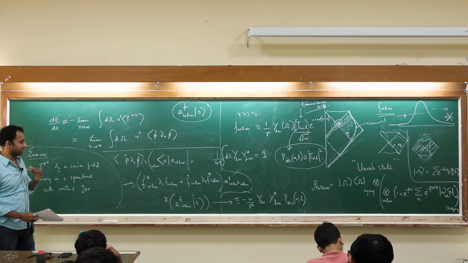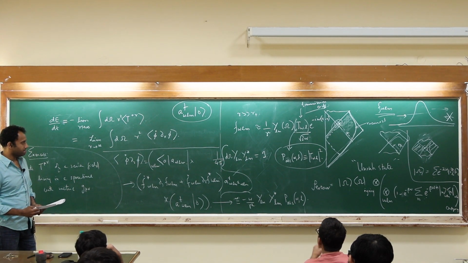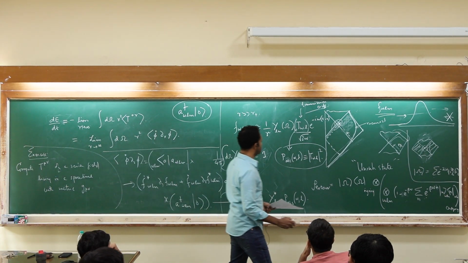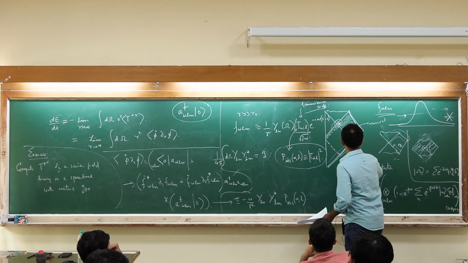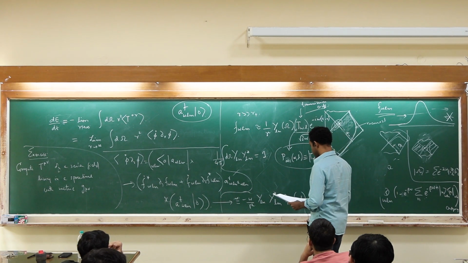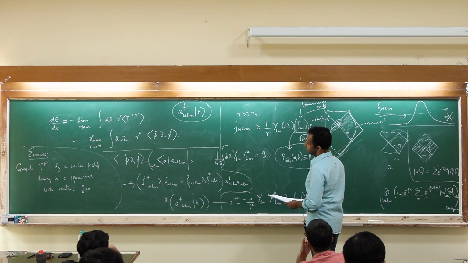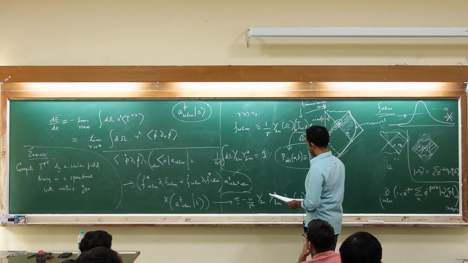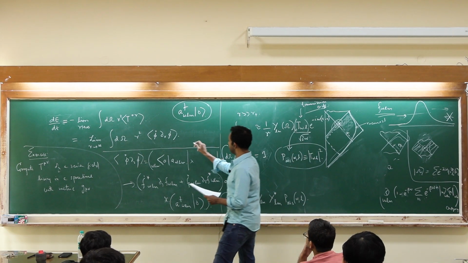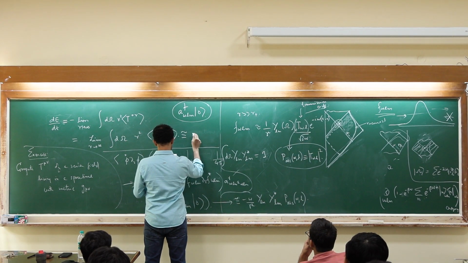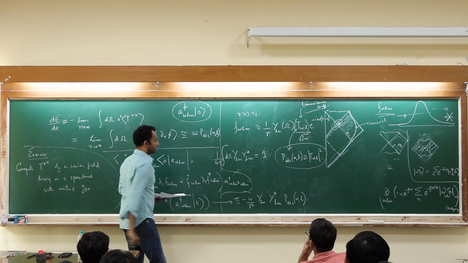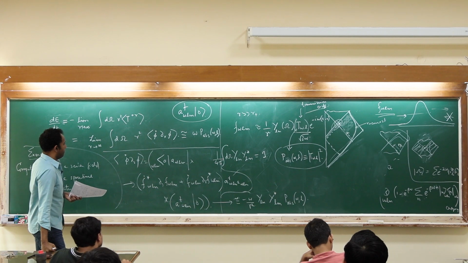Am I missing a 4 pi somewhere? So let me erase this. The claim that I want to make at the end is that this whole thing is equal to omega times P abs.